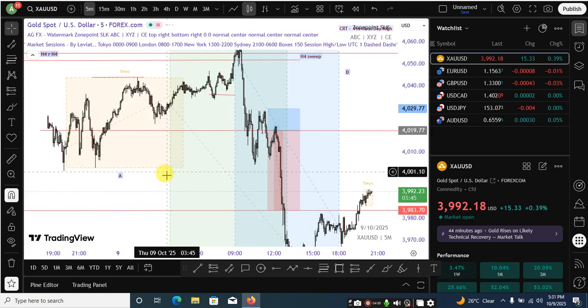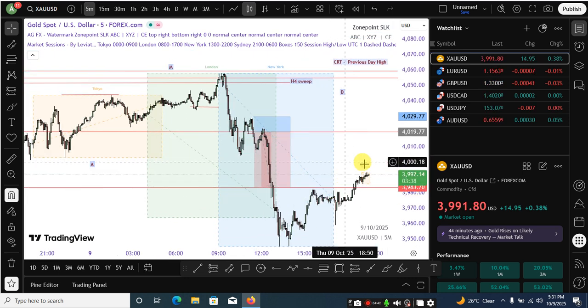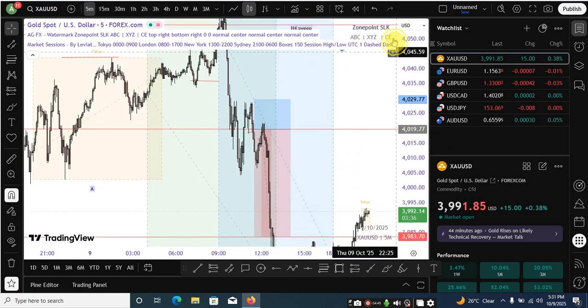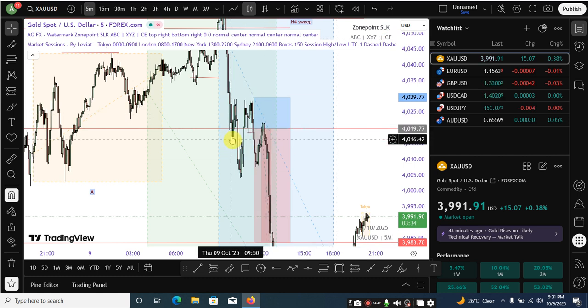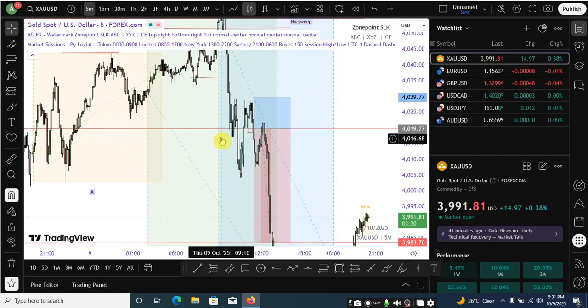So on the 5 minutes, I waited for a break of structure below, because the 4 hours already has the SBR. So I confirmed it on 5 minutes that it gave me a break of structure here. So let's change it.